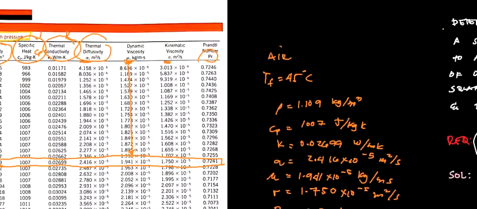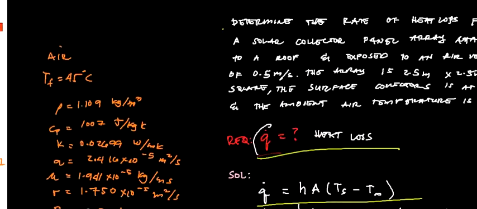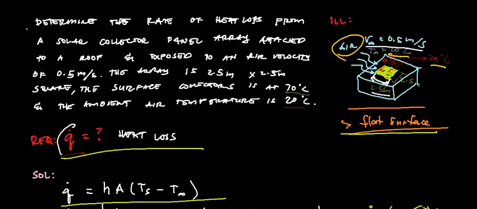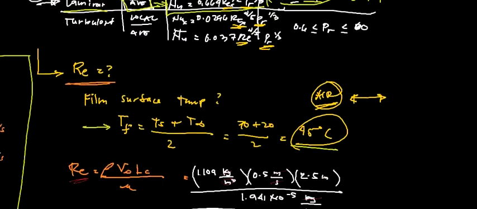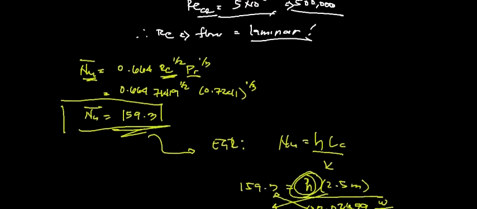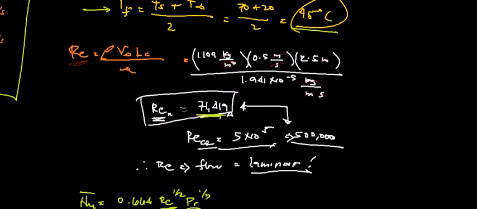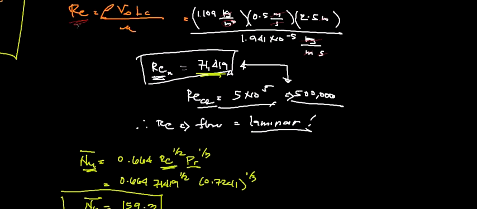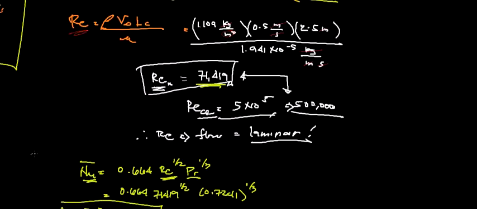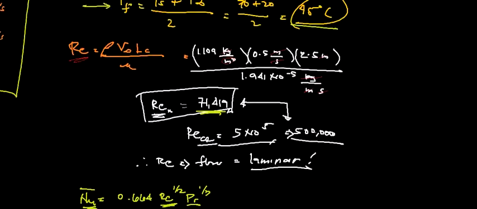And having those properties, we can now go back and compute our Reynolds number. And after having our Reynolds number, we can now tell if our flow is laminar or not.